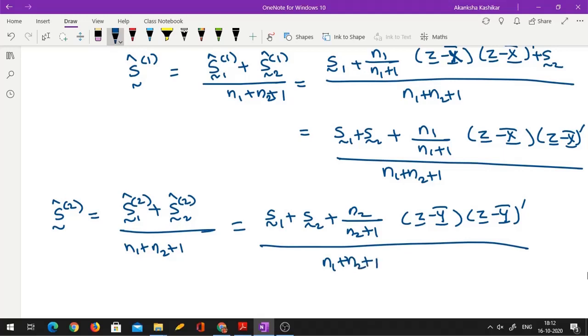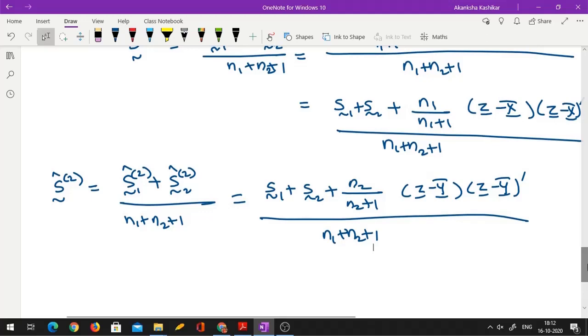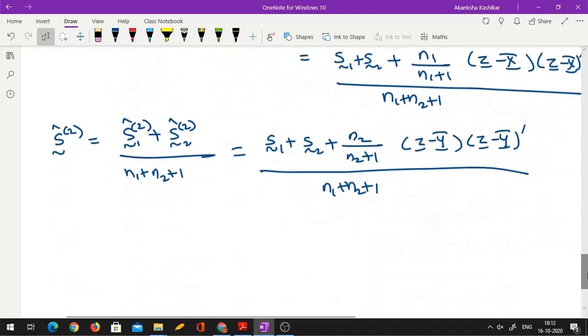Okay. Now finally we want to compare determinants of both these estimates. Of course, if I am dividing by N1 plus N2 plus 1, it is not the CSSP matrix, it is actually sigma hat, right?